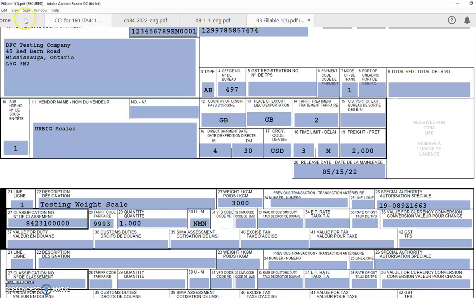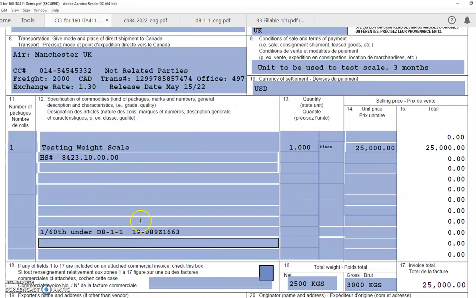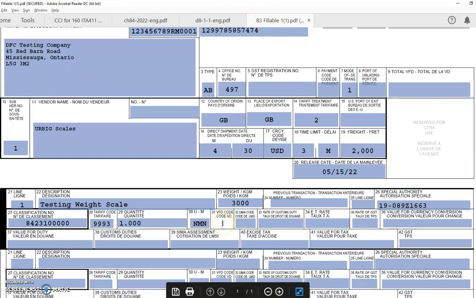The value for duty code. We said that they're not related parties. Now, this is not a sale. This is a good coming in to be used to do something, to test something. So it's not a sale. So we cannot put 3.